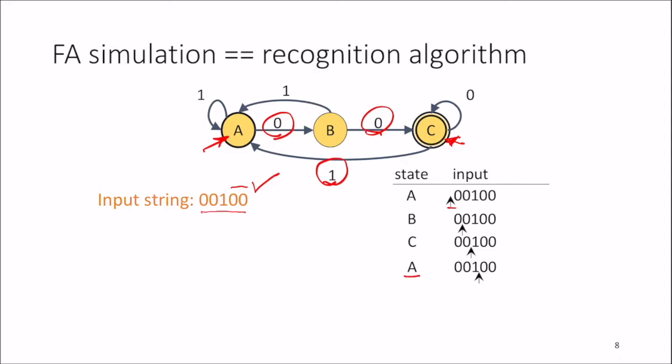And then it's going to take the same 2 transitions it did before and end up in state C. And we can see that state C is the accepting state, so we can say, yes, this string is accepted. There's nothing left after this last element here. So we can say this string is accepted by this finite state machine. So that's an example of what the recognition algorithm does. It just looks at the next symbol and then does a transition to the next state, etc.